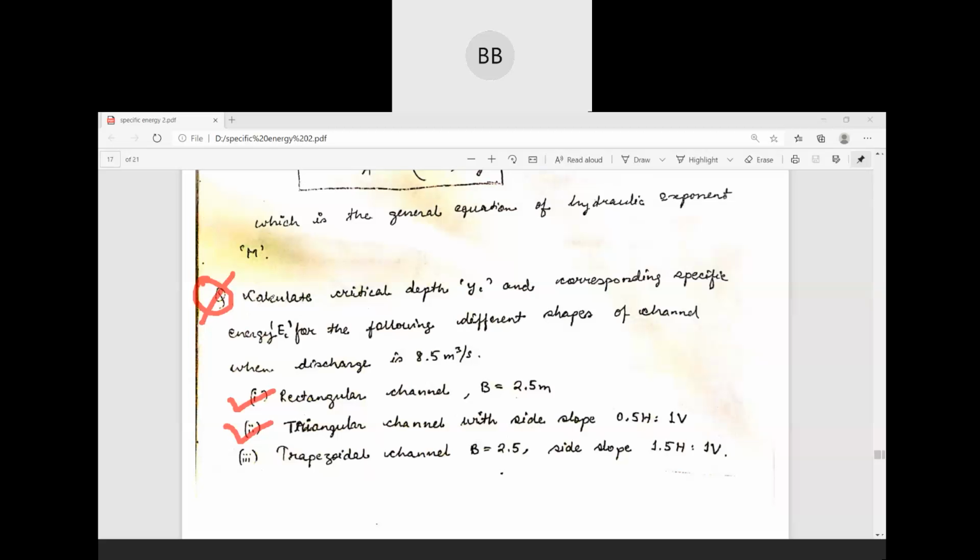So what is given? Calculate the critical depth YC. We need to calculate critical depth and corresponding specific energy for the following different shapes of the channel, when discharge is 8.5 meter cube per second.